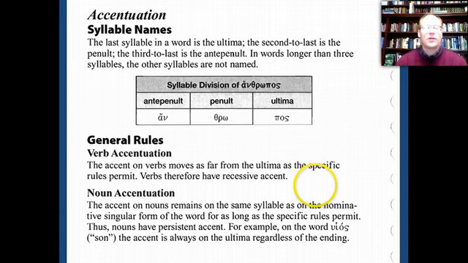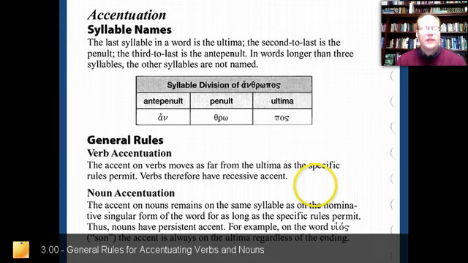In words longer than 3 syllables, the other syllables are not named. So, for example, we're looking at anthropos here in the box. Pos is the ultima, thro is the penult, and on is the antepenult. So you work backwards from the end of the word toward its beginning.